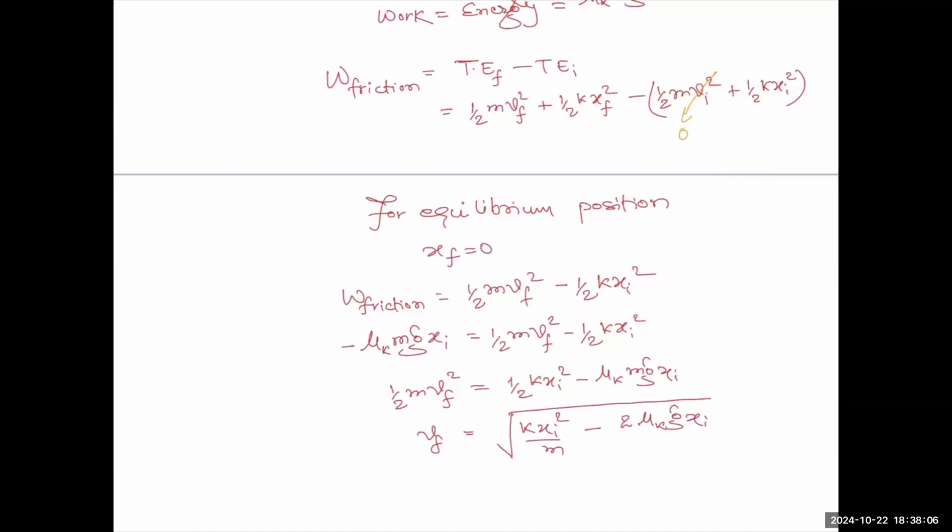Did you follow? I did two steps together: multiplied by 2 and divided by m on both sides.